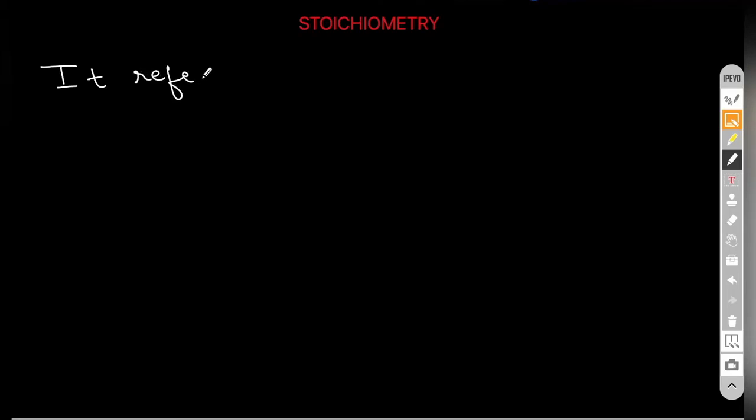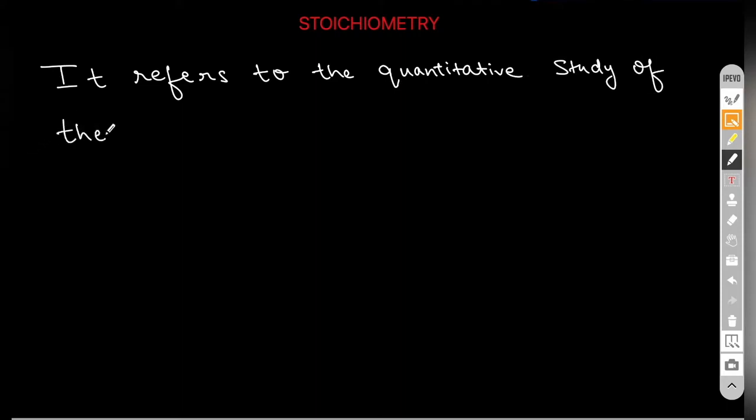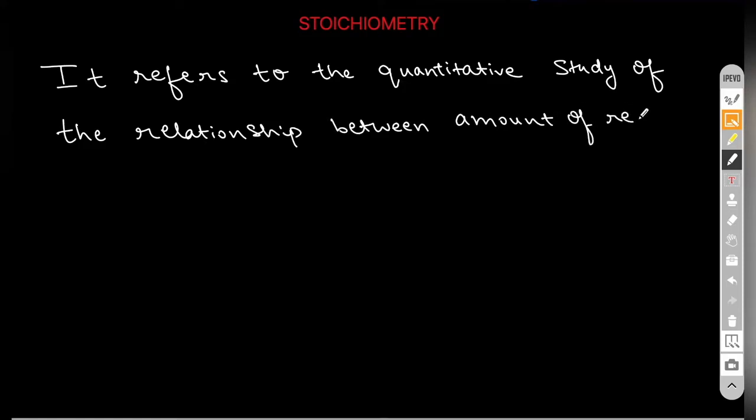Today we are going to talk about stoichiometry. It's a very important concept. We'll write that it refers to the quantitative study of the relationship between amount of reactants used and product formed in a chemical reaction.